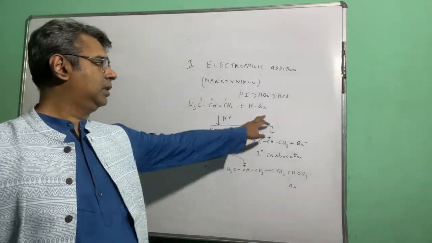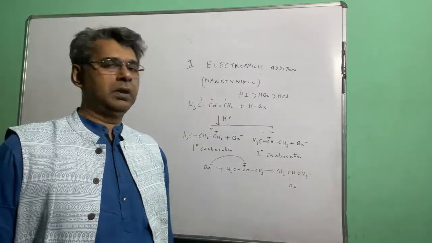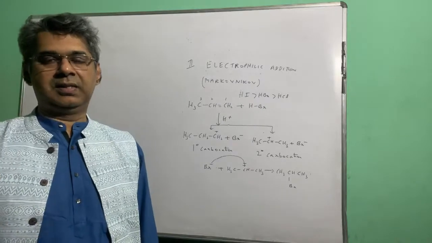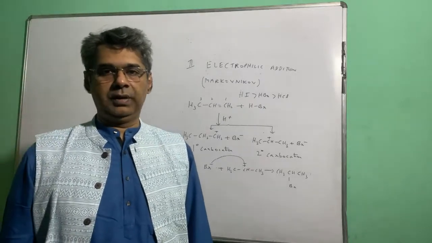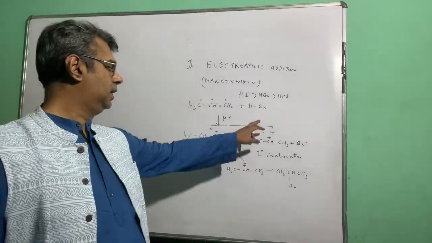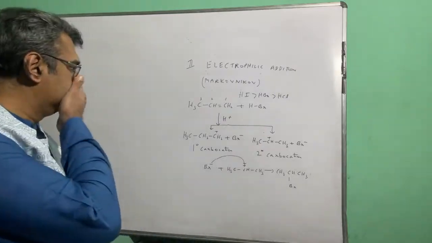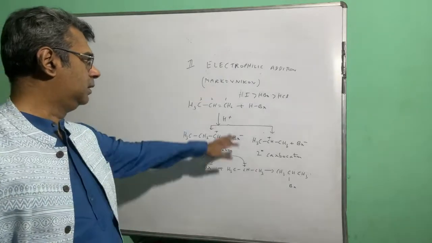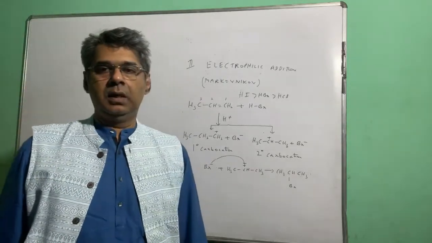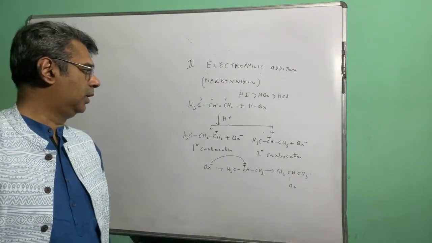So the negative part of the reagent is Br minus, it will go to CH. This is the exact statement of Markovnikov's rule. The negative part of the reagent goes to the carbon with lesser hydrogens. So this is the full details of Markovnikov's rule, right?